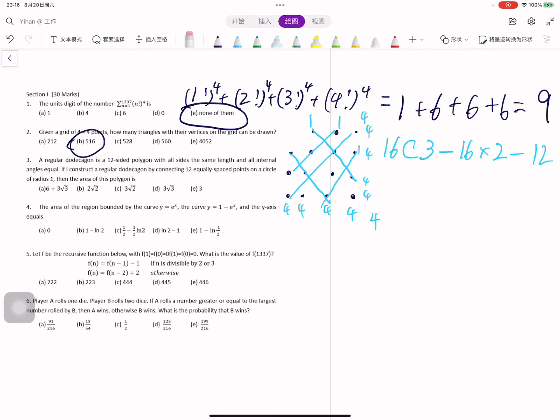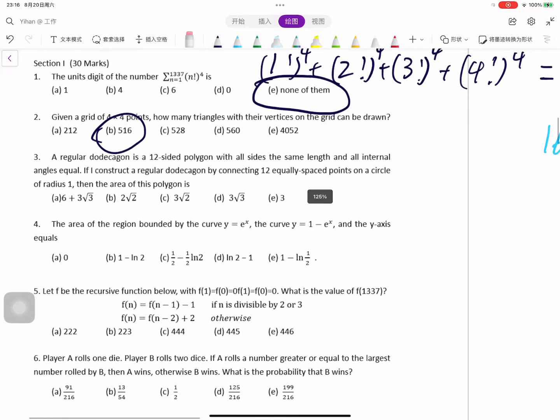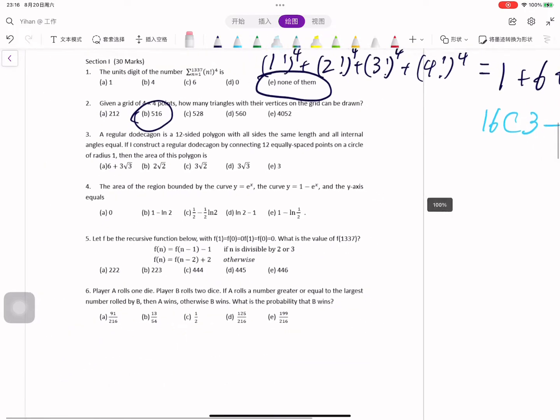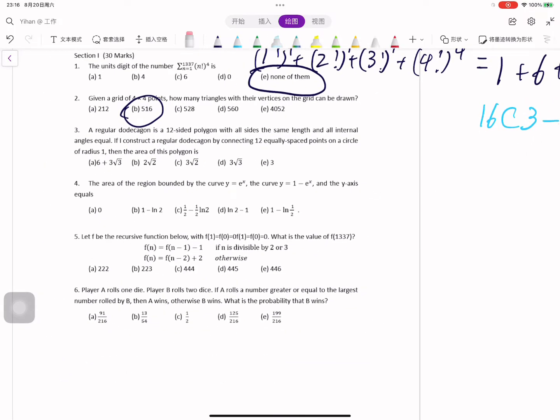Now go to the third question. I will rub something out. The third question is very easy, so we first draw the shape of it. Why I draw it like that? Because we only need this. This is 1, and this is 30 degrees, and this is also 1.